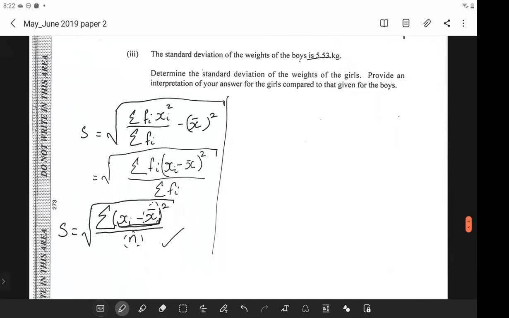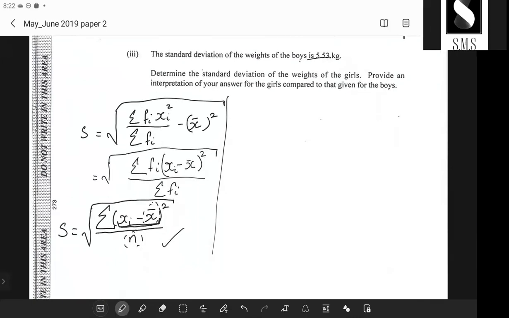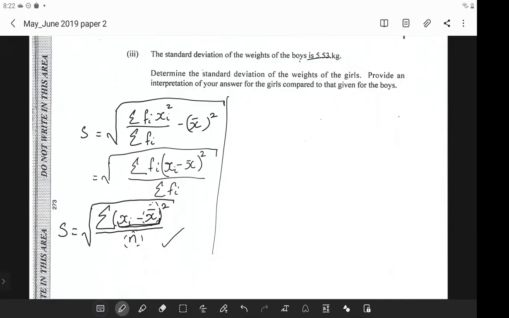All right, and when you do that, what do we get? We get 4.83. So the standard deviation, or S, is 4.83 kilograms. And that is the standard deviation of the girls.